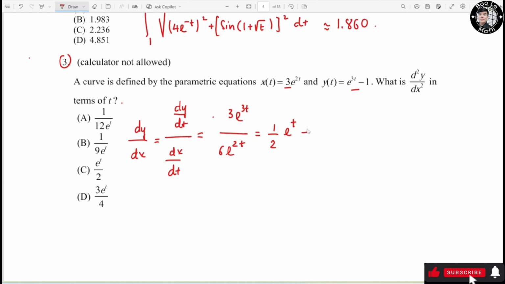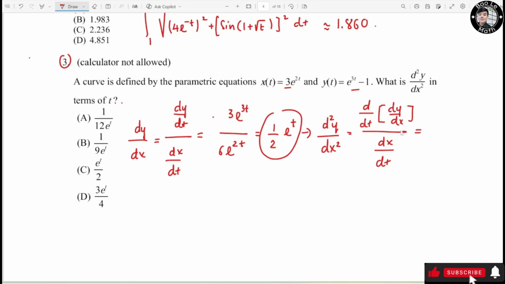Now we're going to take the second derivative. So we have d squared y divided by ds squared. It's going to be d over dt of dy divided by ds, divided by ds over dt. Now the derivative of this one with respect to t is going to be itself, right?